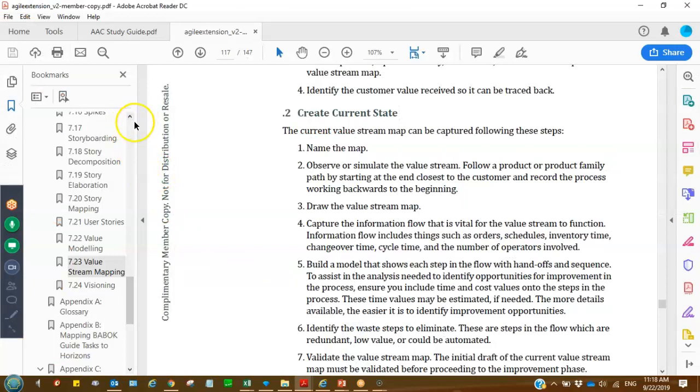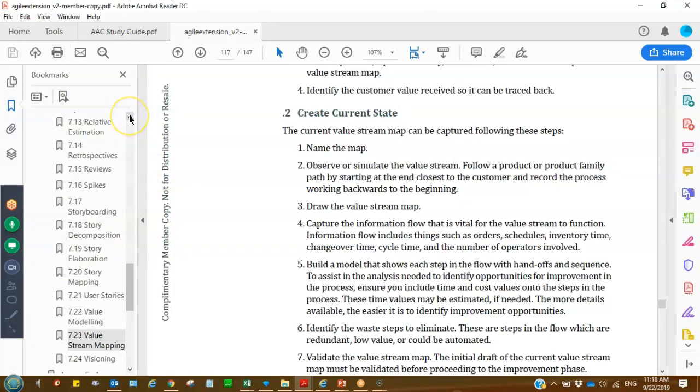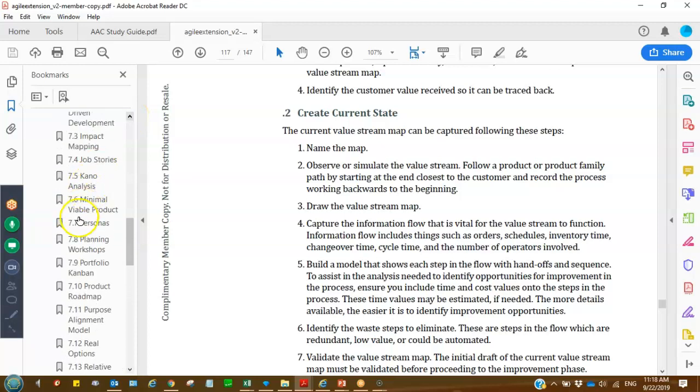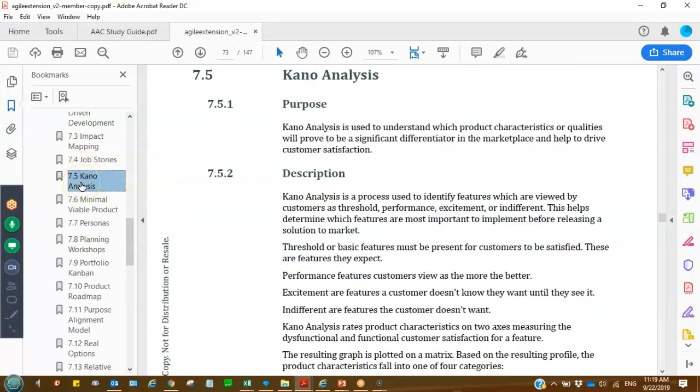Cool. Kano analysis is actually something that I really like, so I'm probably going to spend too much time talking about it. There's a theory that when you're developing a product and looking at its capabilities, there are elements of the product that are absolutely necessary, that without those elements, no one will use the product.